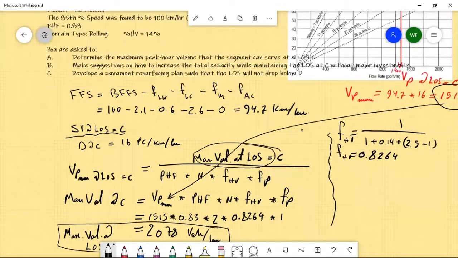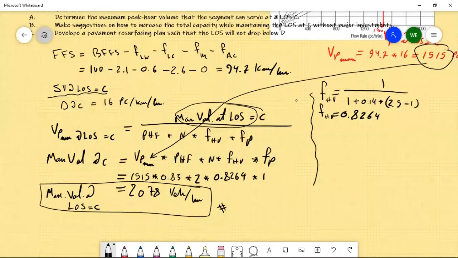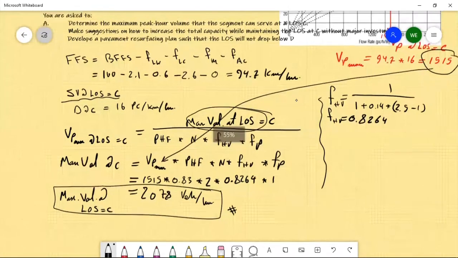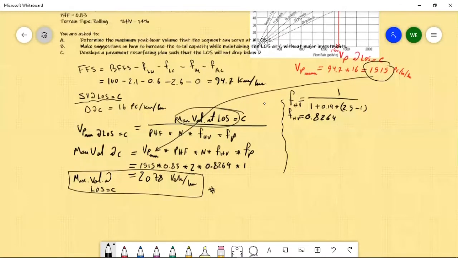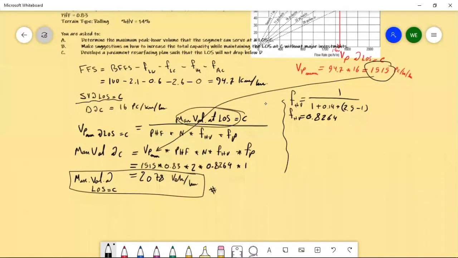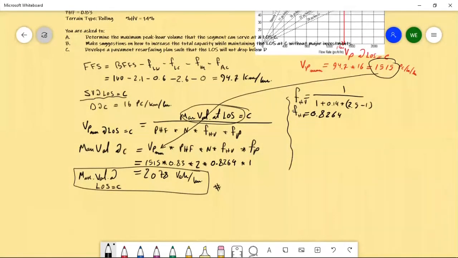What does this mean? Without adding new right of way, without making a new construction, how can we improve the capacity of this highway? So this is part A.